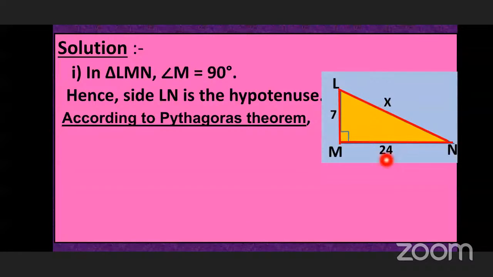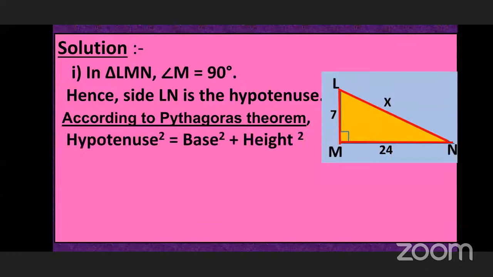Just now we have seen the formula. Hypotenuse square is equal to base square plus height square. Yes, excellent, lovely children.